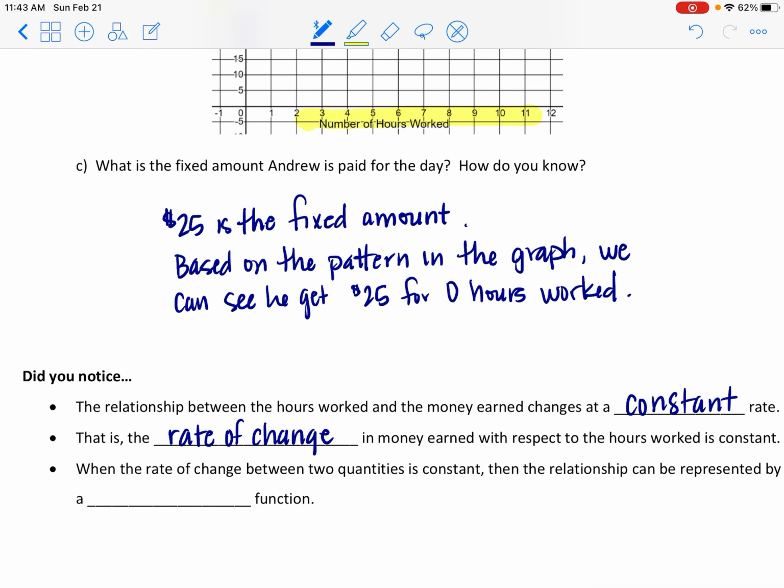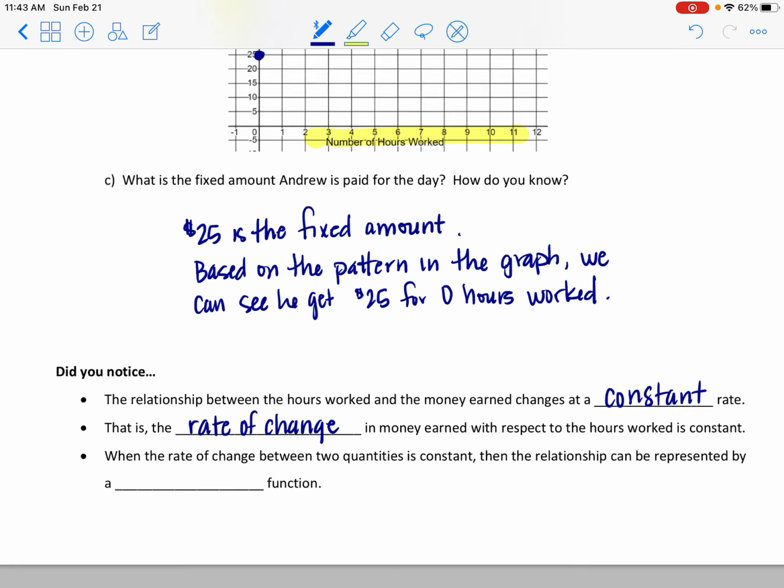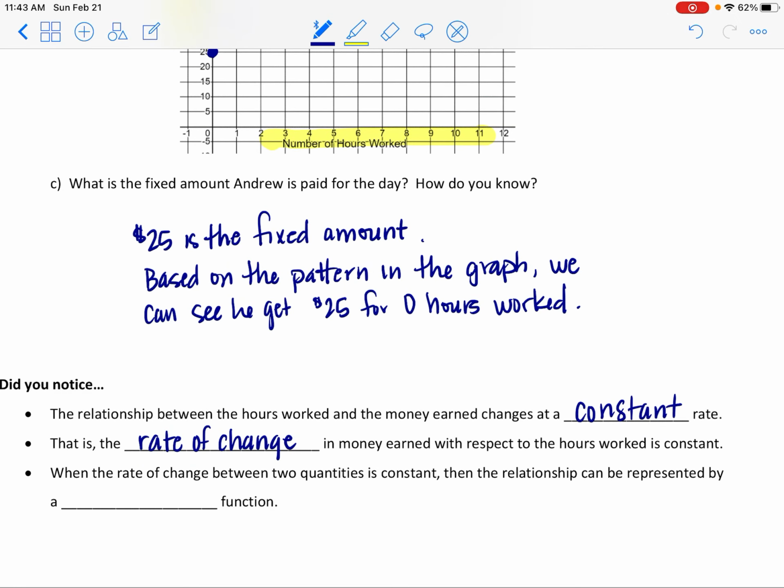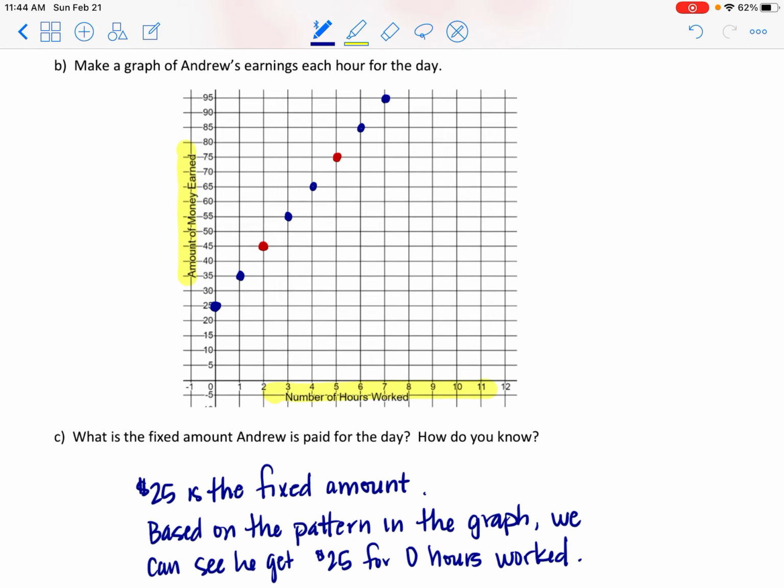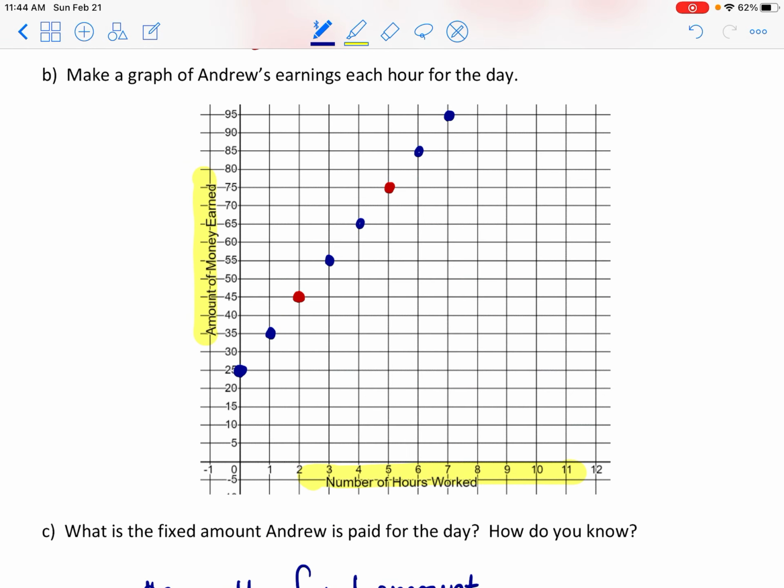So when we have this constant rate of change, then the relationship can be represented by a linear function. When the rate of change between two quantities is constant, then the relationship can be represented by a linear function. Right? Think about those things that we've been graphing over the last few topics.